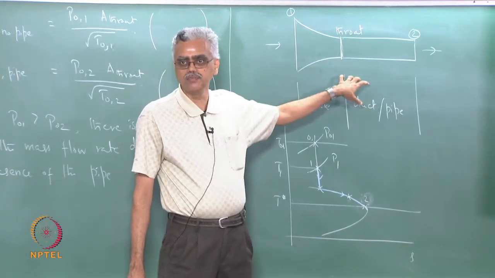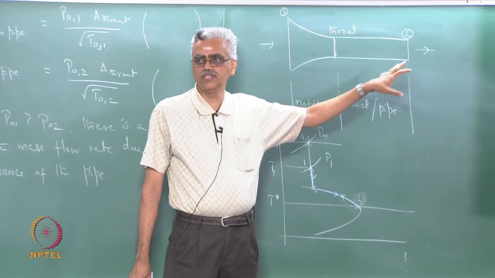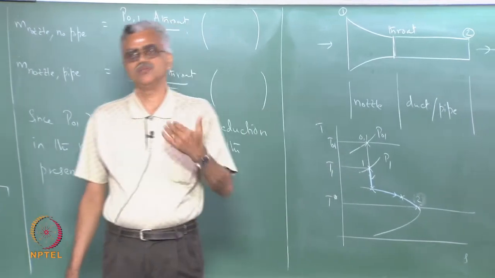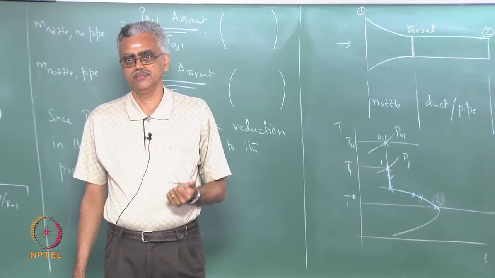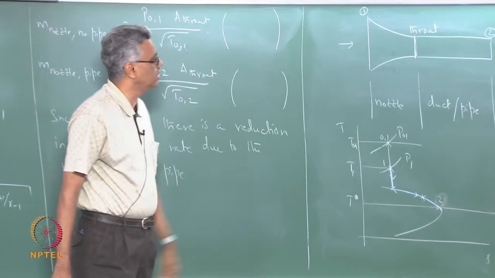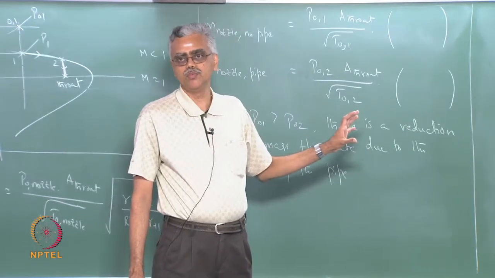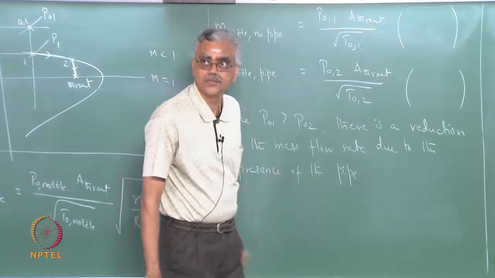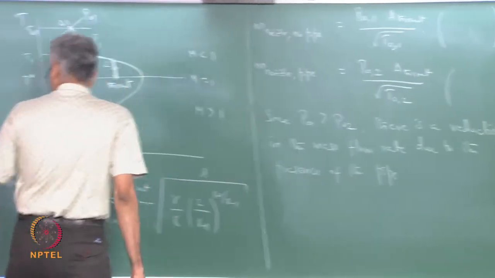Now, when you connect the pipe to it and take it to the test section, you realize that the mass flow rate is no longer the same and the Mach number is also no longer the same perhaps. That is why these problems are very important from practical situations.